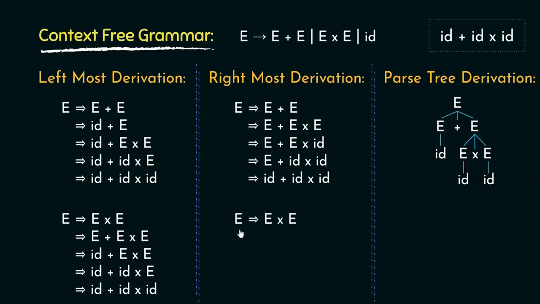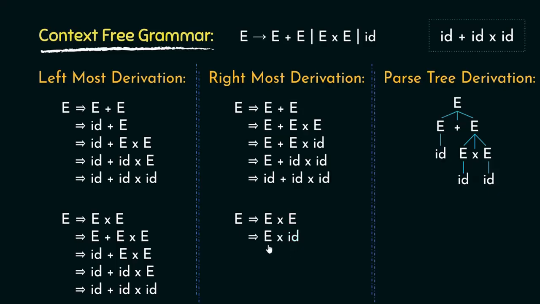So here also we will start off with the second rule, so e derives e into e. Now remember, this one is the rightmost derivation, and from these two, this is the rightmost one. If we notice the string after the multiplication operator, we have id. So expanding this e, we will derive the sentential form e into id.